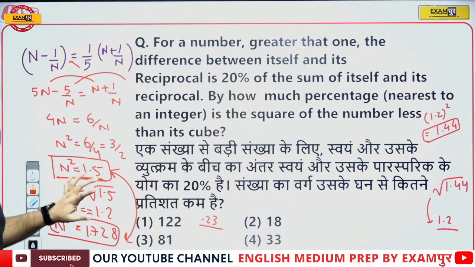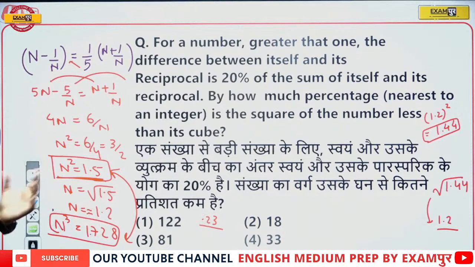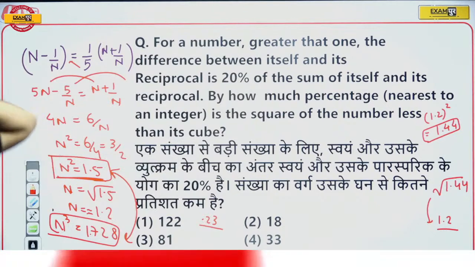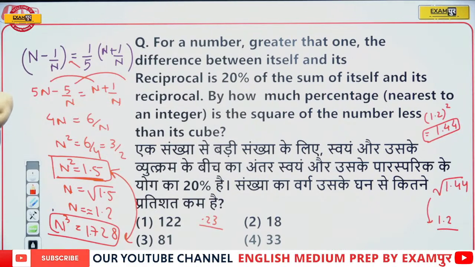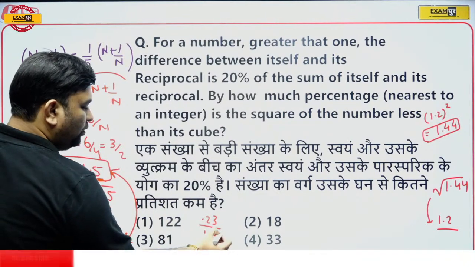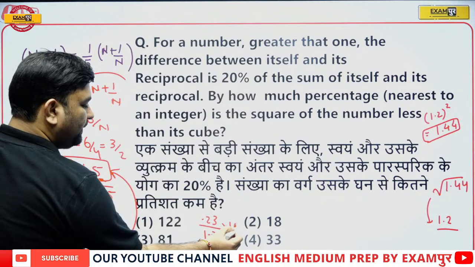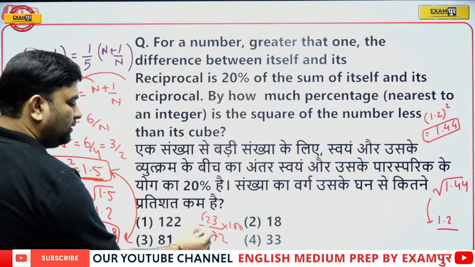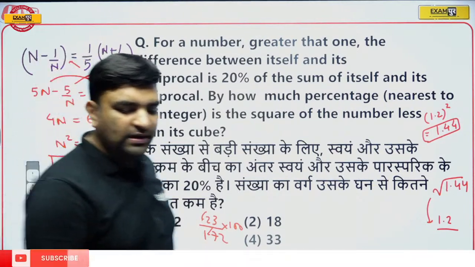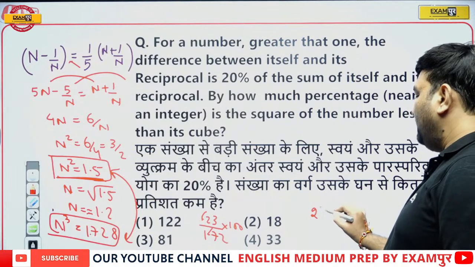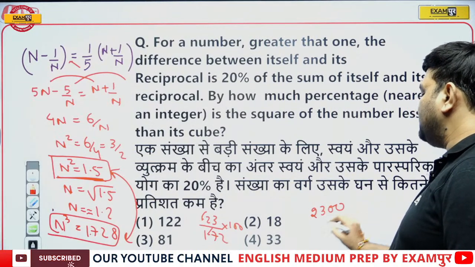You have to see this difference over cube, and cube is 1.72. So 1.72 into 100, you will simplify it as 2300 by 172.